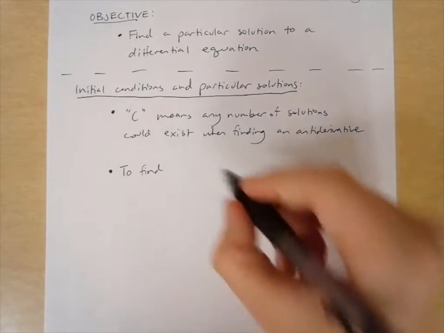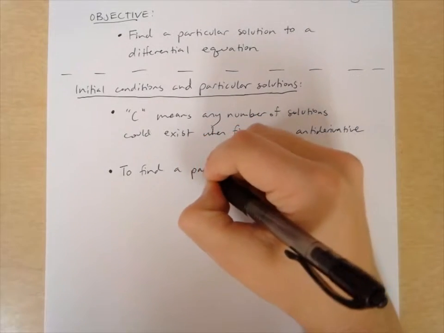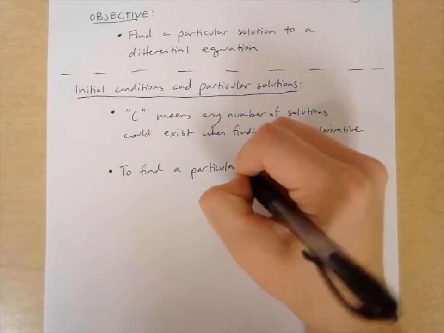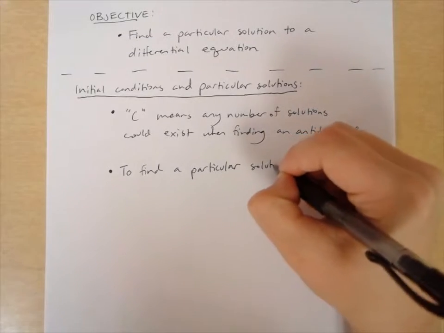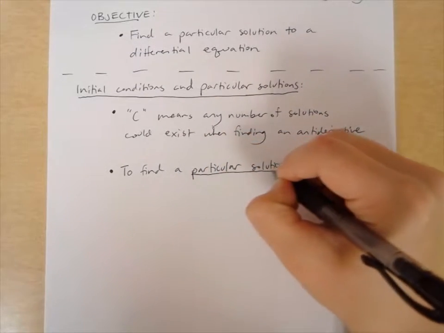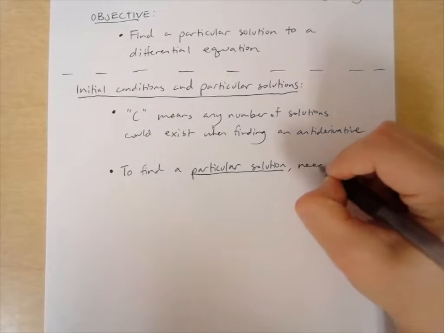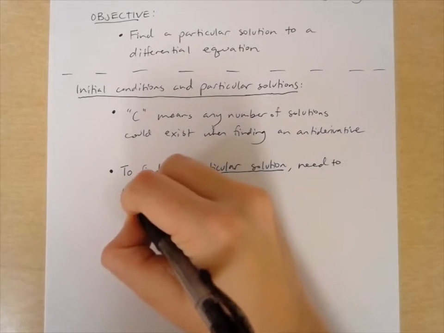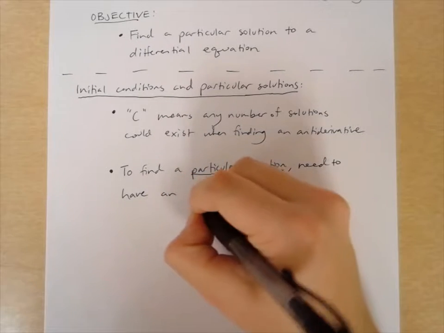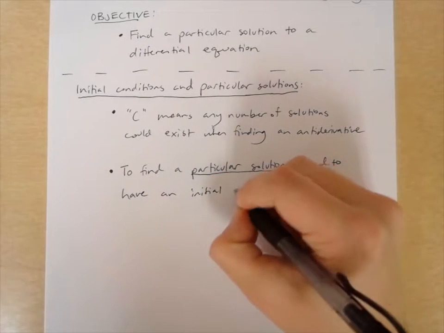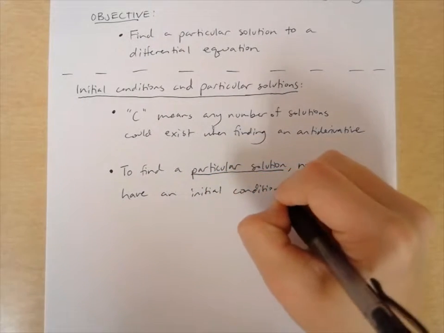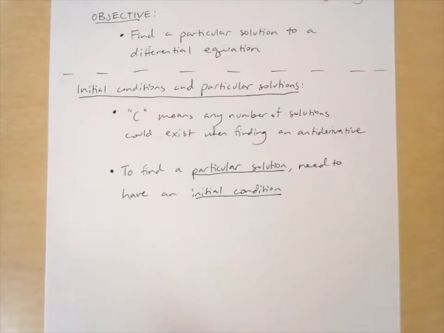And we're going to say that to find a particular solution, not a general solution, we need to have an initial condition. Okay, an initial condition.